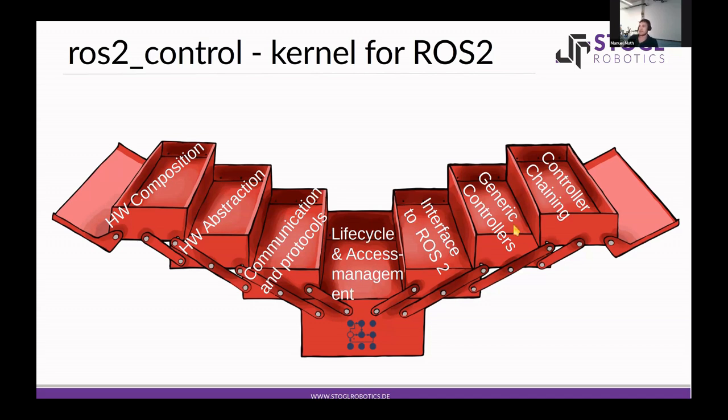There are also some generic controllers, like, for example, admittance controller, PID controller, joint trajectory controllers. And it also allows for controller chaining, which is quite useful in the case you have quite complex applications with a lot of controllers. Then you can split them into components and chain the output of one controller to the input of another.